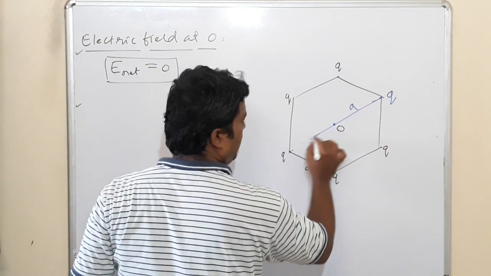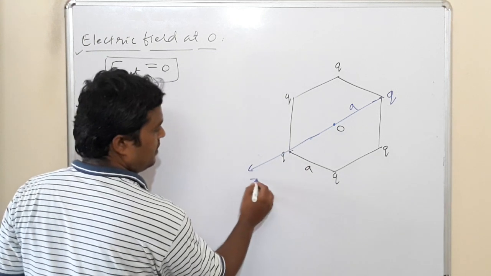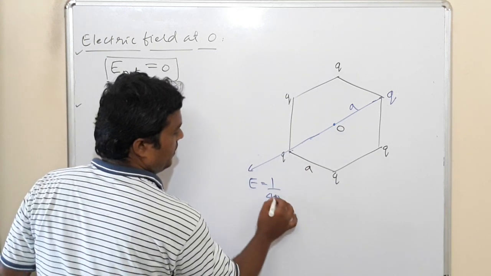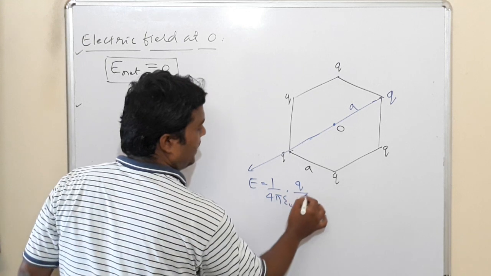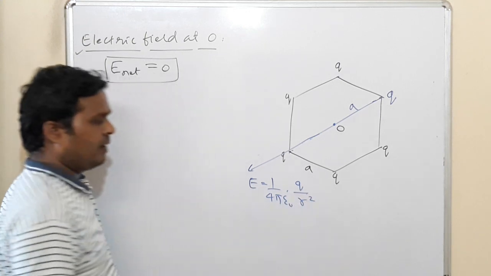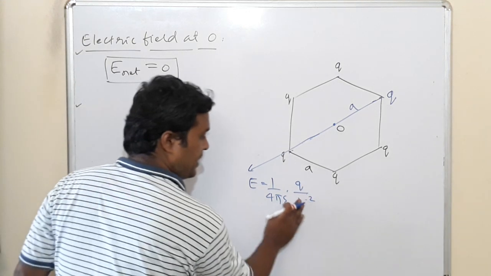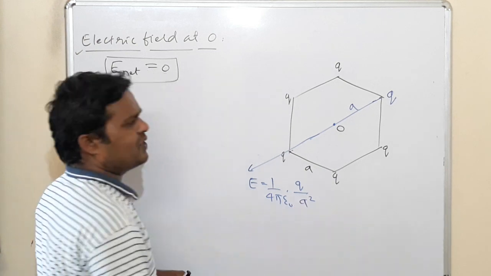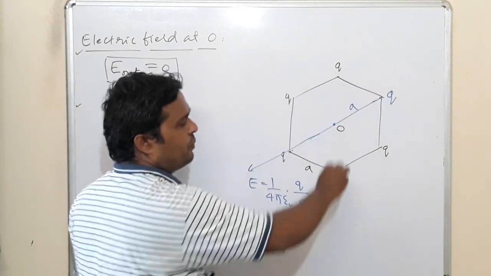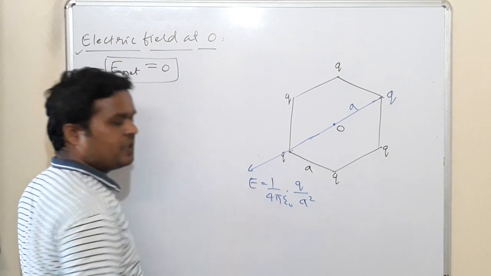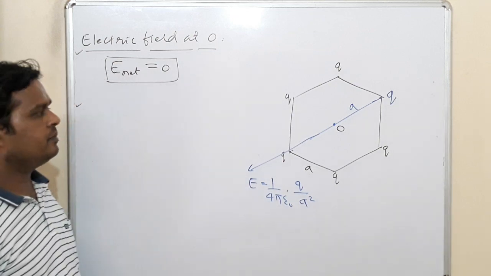The electric field due to this only one charge will be equal to 1 by 4 pi epsilon naught Q by a square. In the problem it is given that it is removed. I assume that it is present now. If it is present, it will make this much electric field at the center.